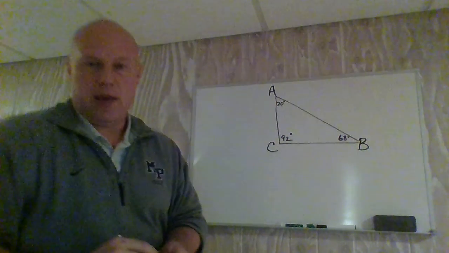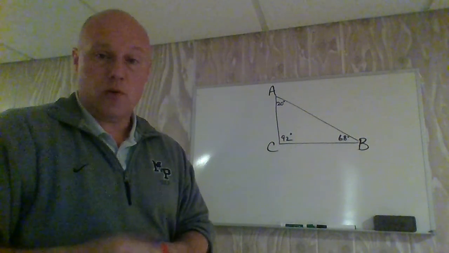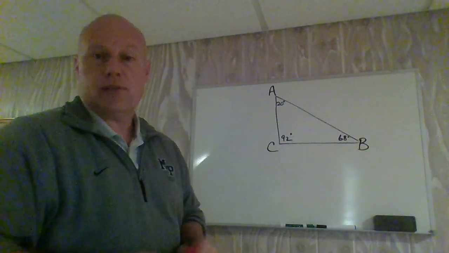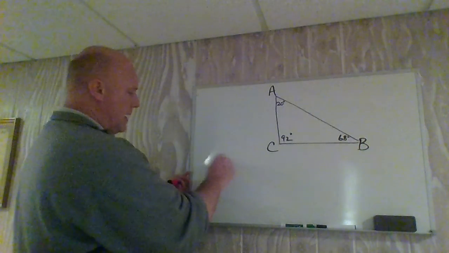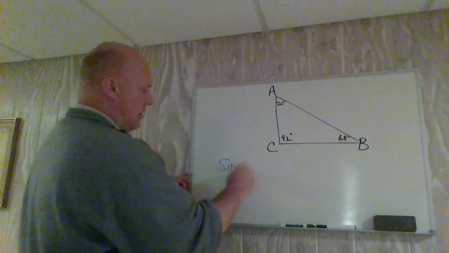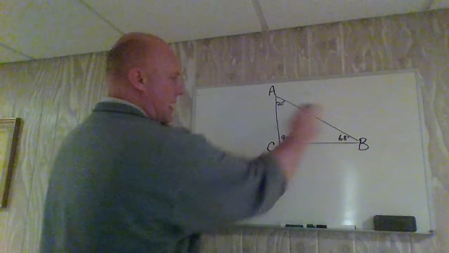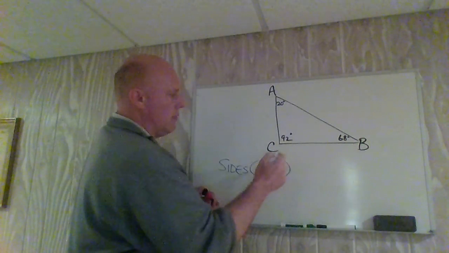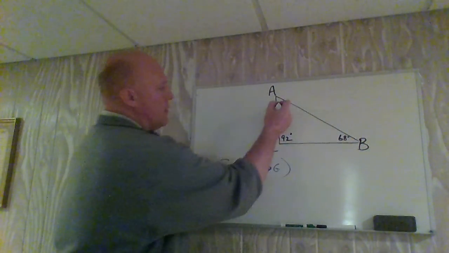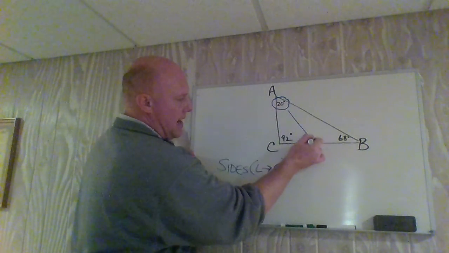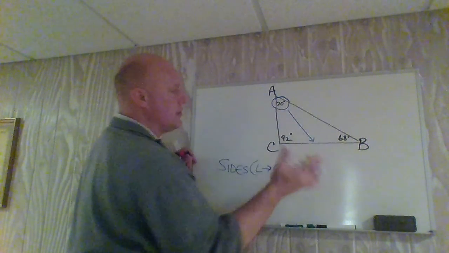Now, if I ask you to list the sides in order from least to greatest, we don't have any measures, but we do have the angle measures. So if this is the smallest angle, then the side opposite must be the smallest side.